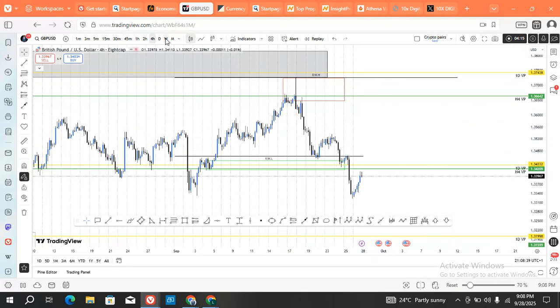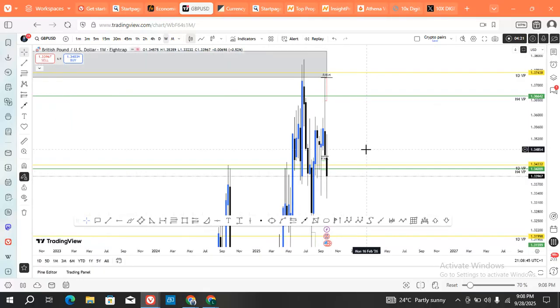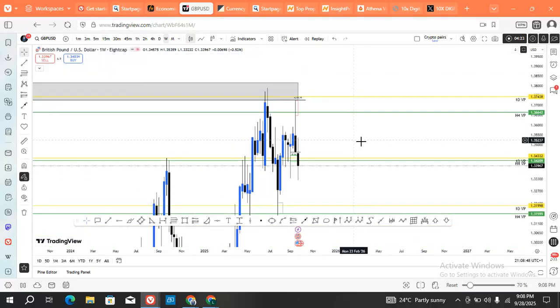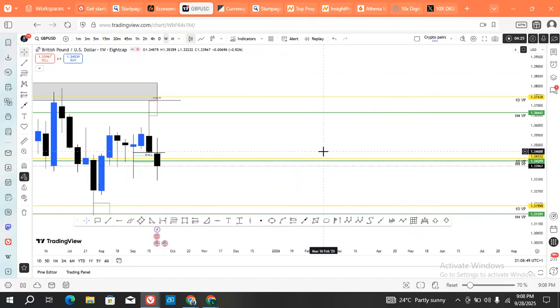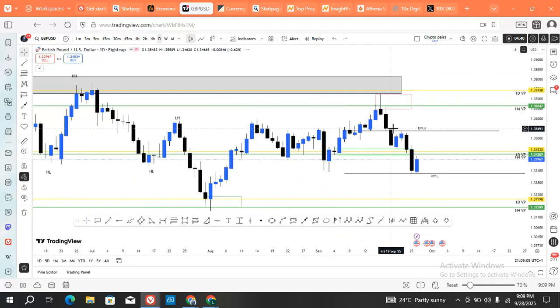We go to the weekly time frame. So on the weekly time frame, this is the previous week high over here, and this is the previous week low over here. Then we go to the daily time frame.